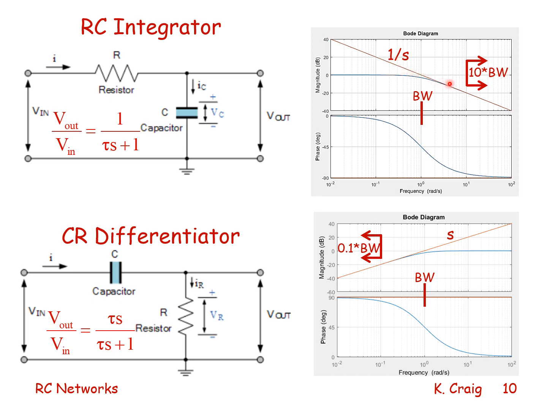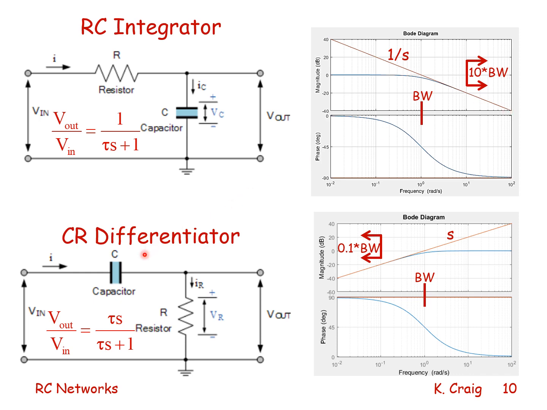And I see that at high frequency, the RC circuit and the integrator are identical in behavior. So if I look at the frequency 10 times greater than the bandwidth, I see that my RC circuit behaves like an integrator.